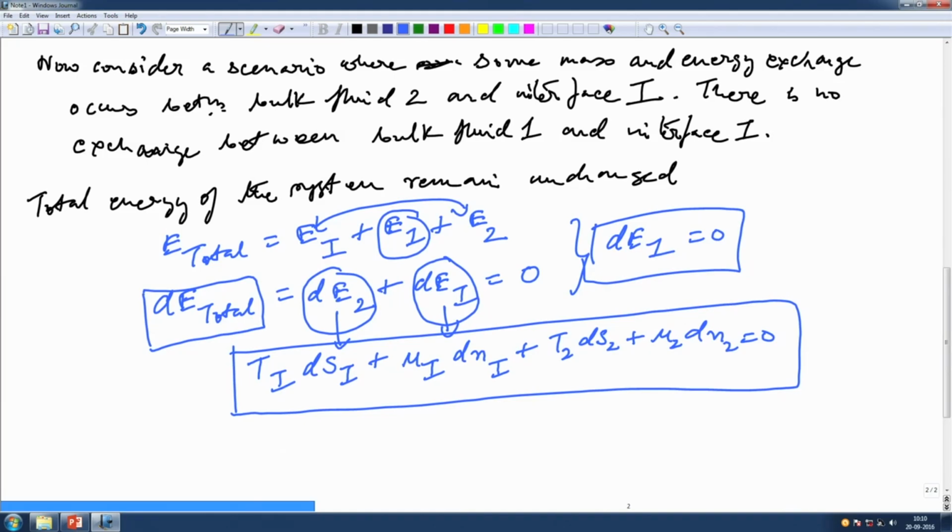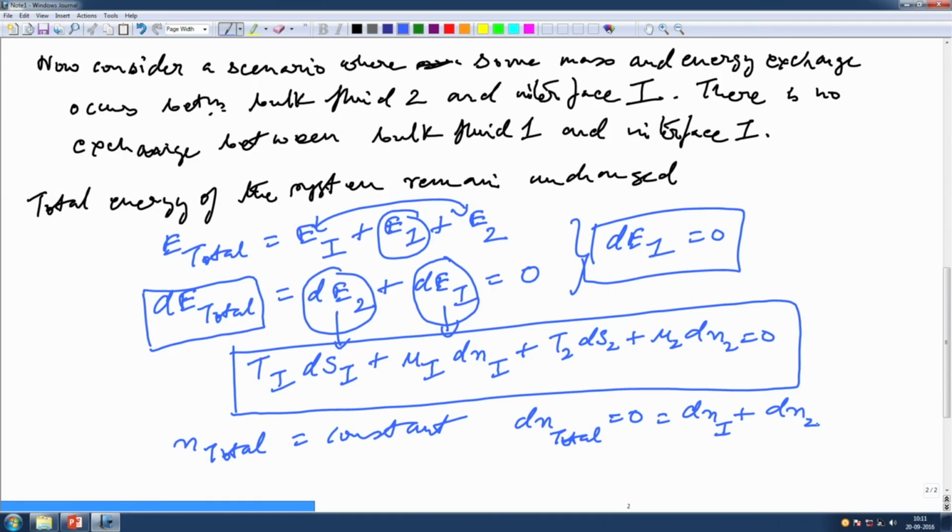Now, since mass and energy both are exchanged, there will be a change in the number of moles also, though the total number of moles in the system remains constant, right. N total is basically a constant. Because the total number of moles cannot change, it is like mass conservation. So, dN total is equal to 0, and this 0 is brought about by dNI plus dN2.